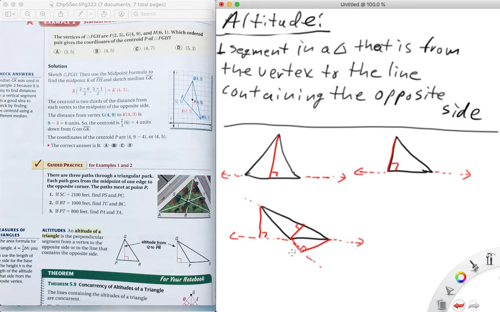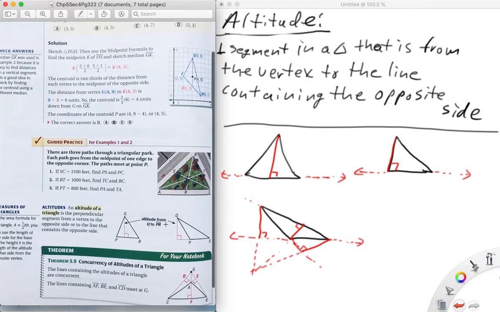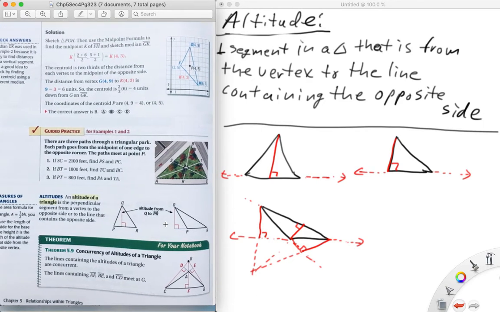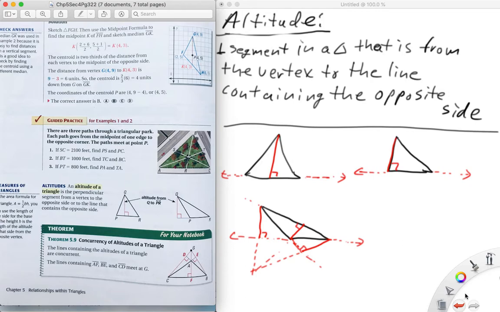So obtuse would have two of these guys, and they would eventually meet way out here. We're going to get to that in a second too. The reason why it says line containing opposite sides for obtuse triangles is that our altitude can be outside of the triangle.